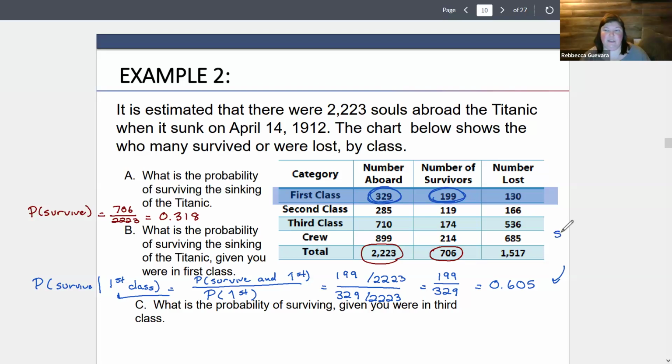So this is the probability of surviving if you were in first class. And to give you a better perspective on this, first class made up about 15% of the total number of people aboard the Titanic, but their survival rate was much higher.